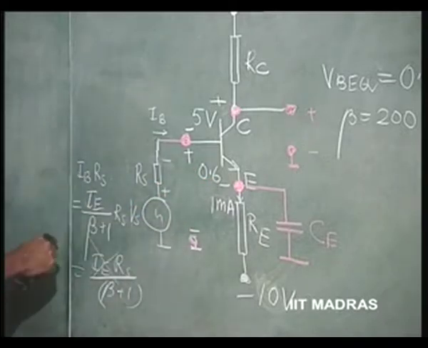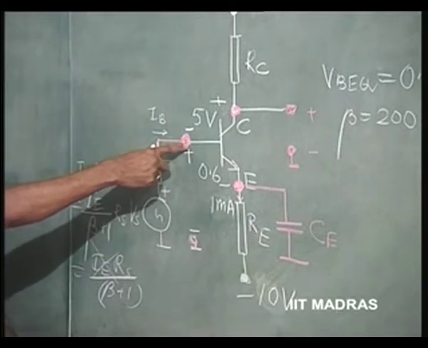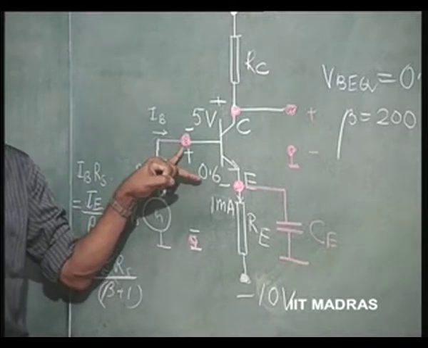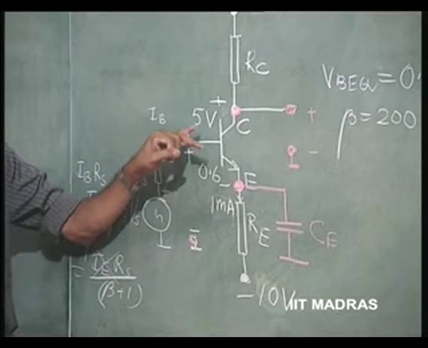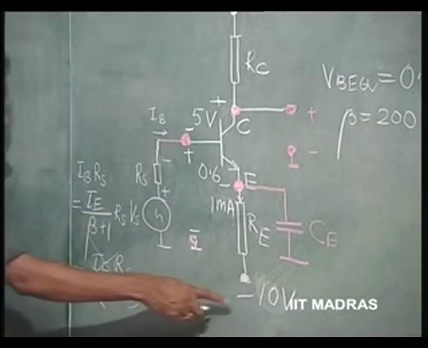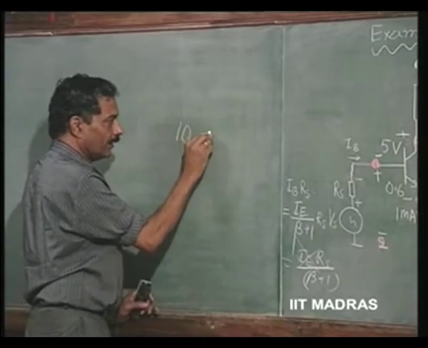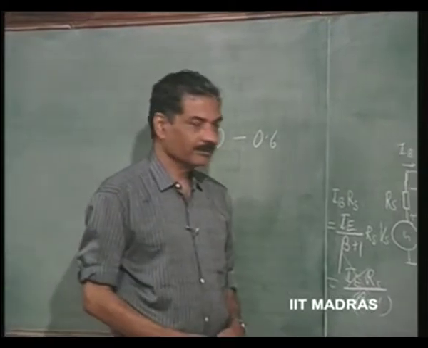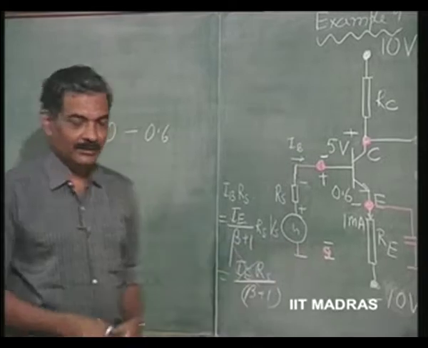So, this is going to be almost at DC ground potential under normal circumstances. So, the base is still at DC ground potential. This is 0.6, and therefore, the current in this is going to be 10 minus 0.6, divided by RE.